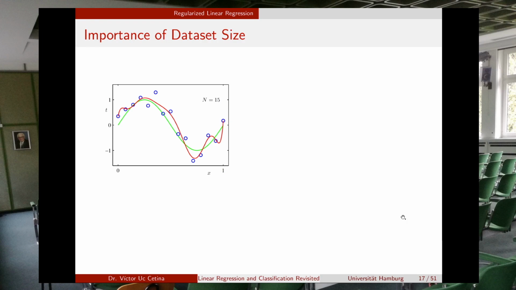One way to do that is by increasing the number of data points. For example, if we increase the number of points to be 15, then the model is less overfitted.